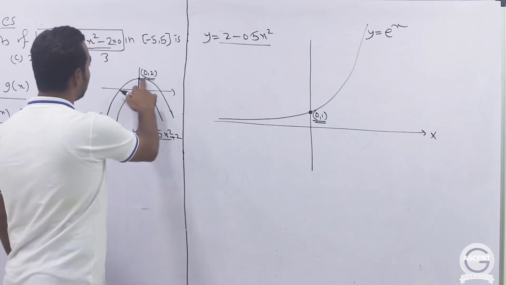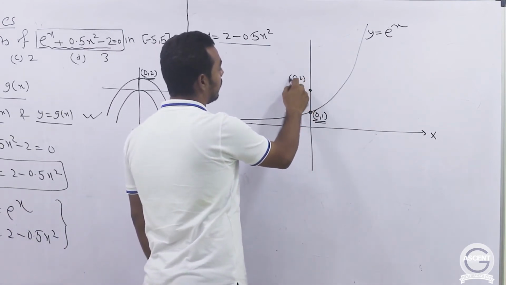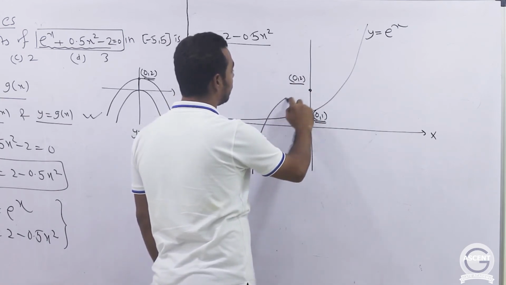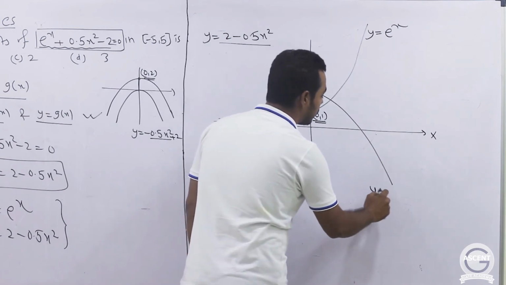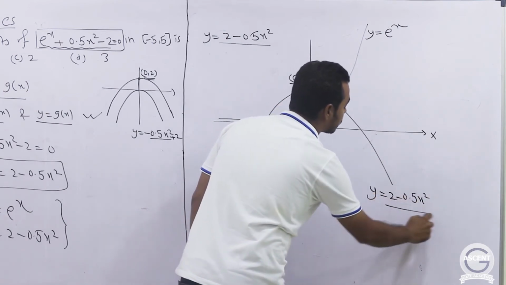So for this parabola the vertex will be at the point 0, 2. If I draw this downward parabola, we get a graph something like this. So this is your curve y equals 2 minus 0.5 x square.